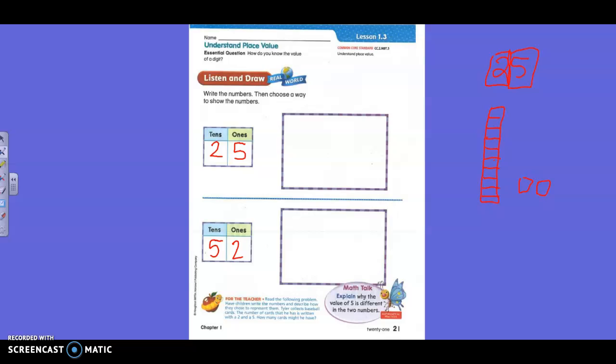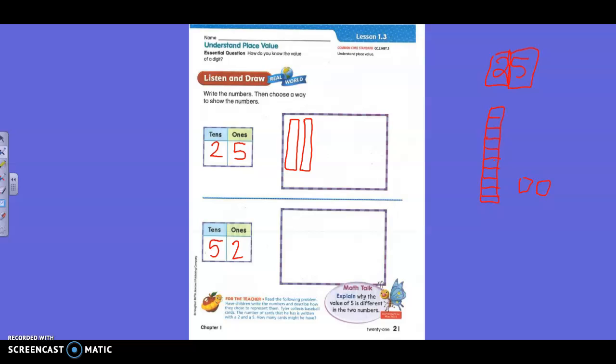You need 2 tens, so I want you to draw a big stick and another big stick. 2 big sticks to show the tens. I won't make you draw the lines in them, because you don't need to, as long as you know that there's 10 in that big stick, okay?